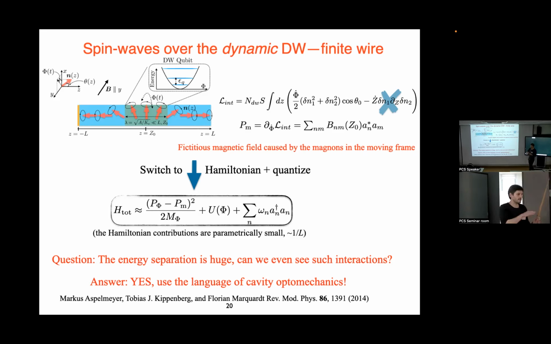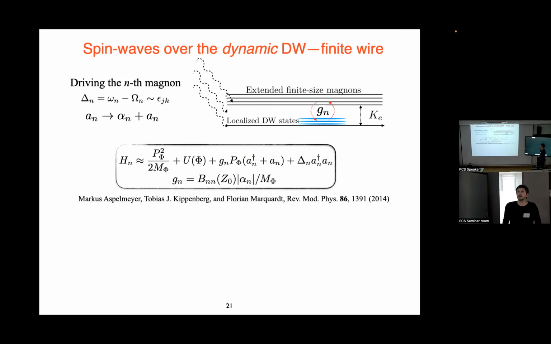And there also the nanobeam energies are very low compared to the frequency of the electromagnetic field. However, what you do is drive the optomechanical cavity to bring it in resonance with the nanobeam. So that's what we also propose, based on optomechanics language: to drive one of the magnons, say the n magnon, close to the resonance.